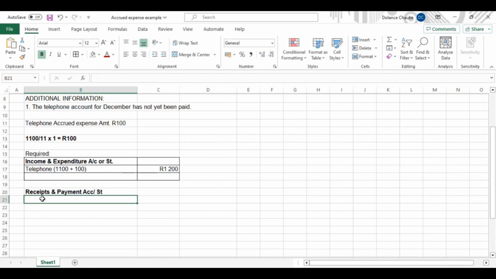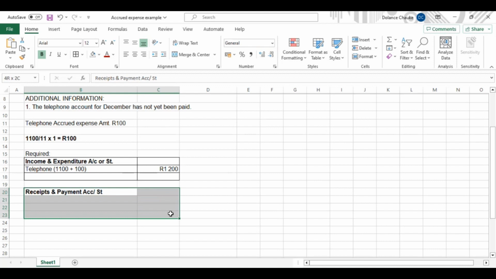In the receipts and payments statement or account, you are going to record the amount that you have paid or received.